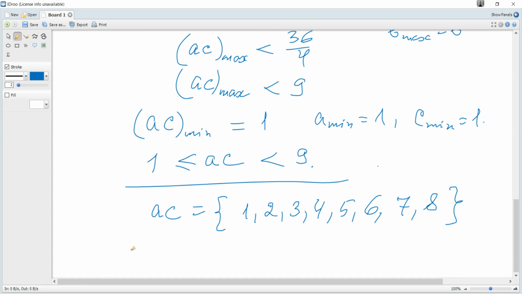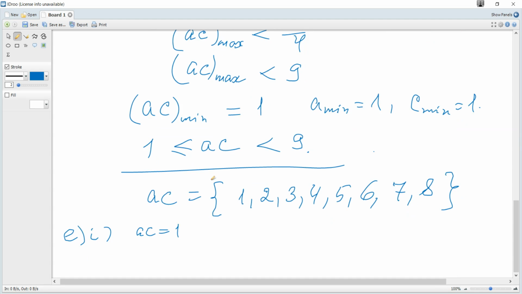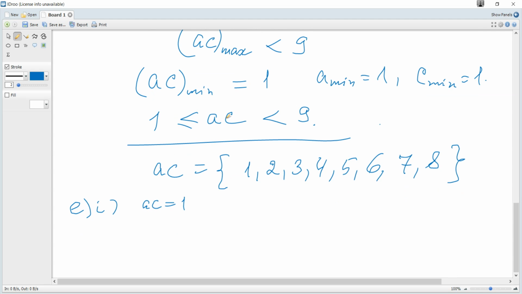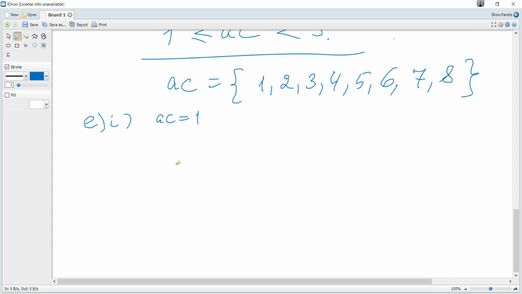The next, E(i). For the case where AC is 1, show that there are 4 quadratic functions whose corresponding graphs have 2 distinct X-intercepts, 1 mark. So when AC is 1, definitely there is only one variant. It's A to be 1 and C also to be 1.